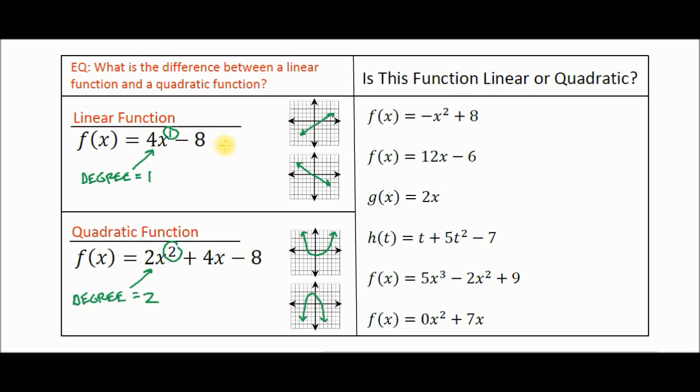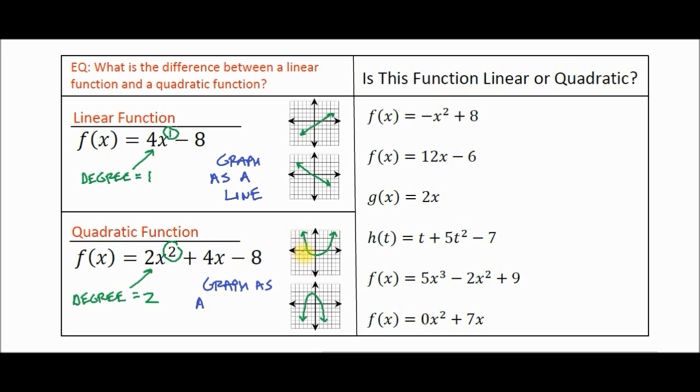Okay, so up here, let's finish this up. I want to make a note here. This will graph as a line. And a quadratic will graph as a, and let's give it a name.